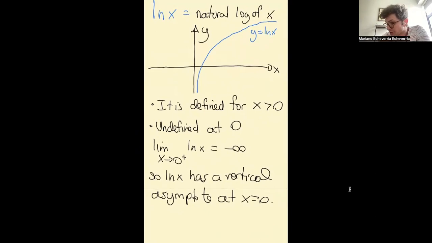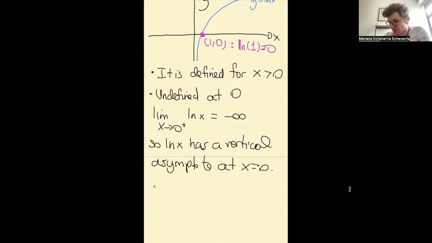So there's this spot where the natural log crosses the x-axis, meaning where the function takes the value 0, and that's the point (1, 0). That means the natural log of 1 equals 0.